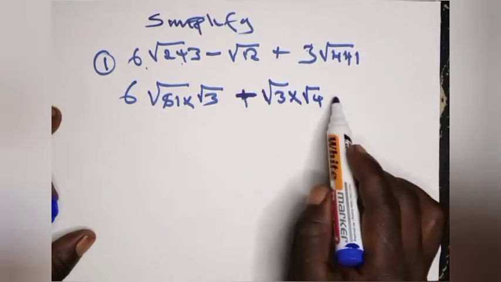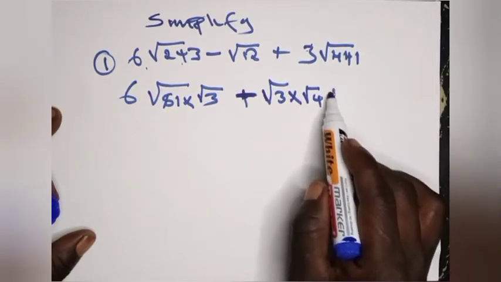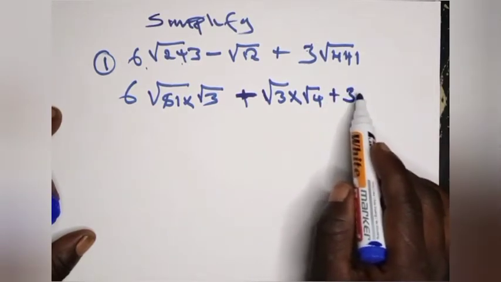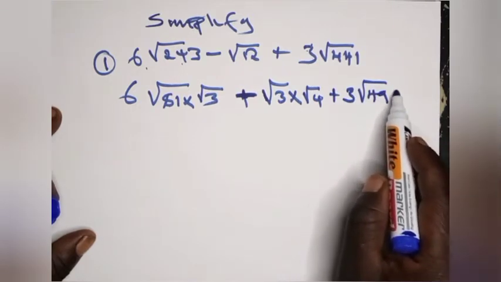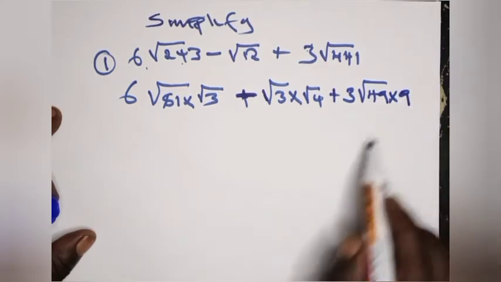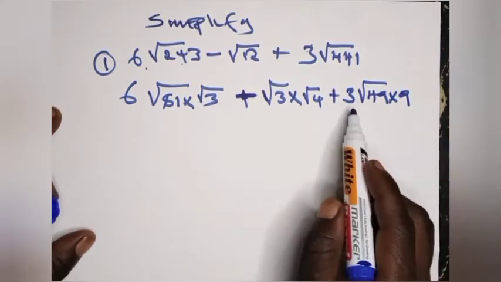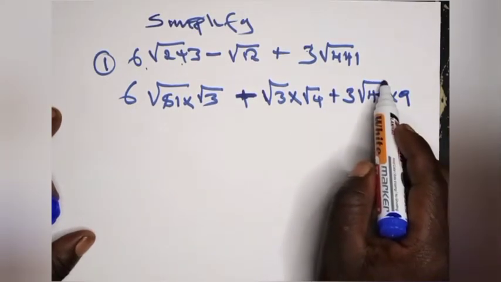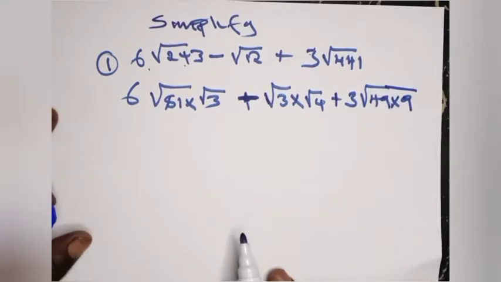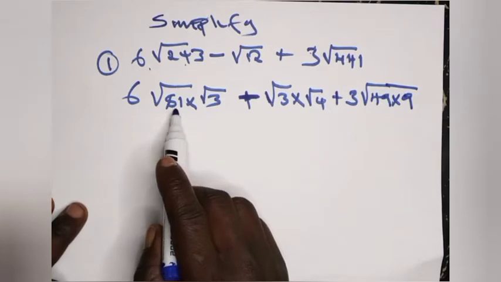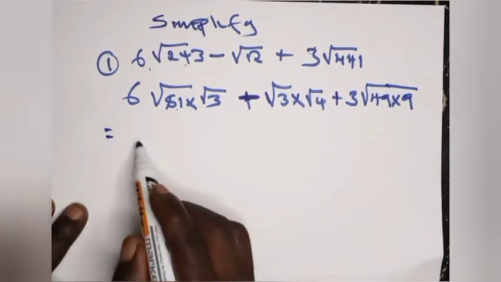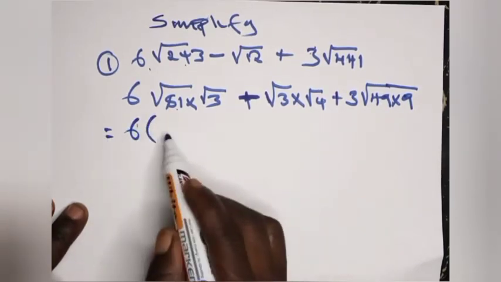As you can see, when you multiply 3 times 4 it will be 12. Then for 441, it will be 49 times 9. So as you can see here, let's take out the square roots.